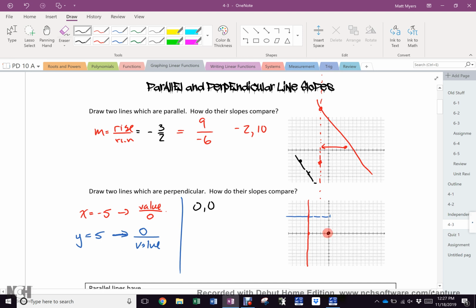Now, put a dot at 5, 7. Agreed? Yes? Okay. Now, do me a favor and put a dot at 5, 0. I'm going to change color.